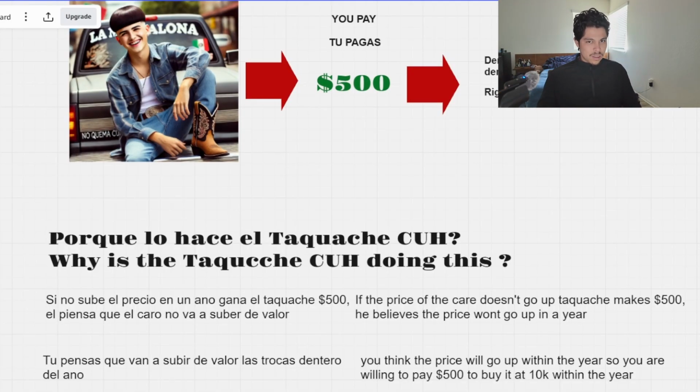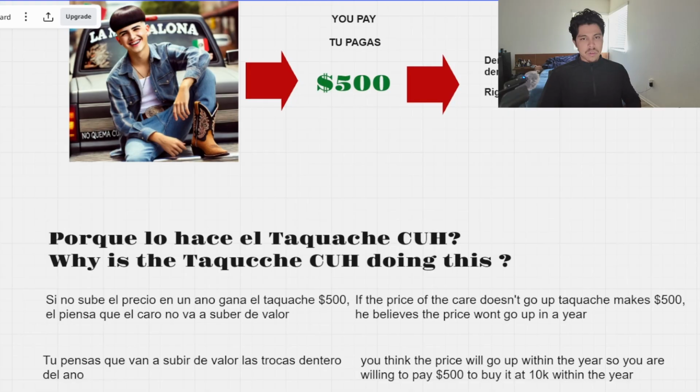Well, so why is Taquachica doing this? So, if the price of the car doesn't go up, the Taquachica makes $500 because a Silverado is a car and it depreciates over time. So, in a year's time, that Silverado will be worth $9,000 and not $10,000. And your dad is not going to buy the car for $10,000. So, he's never going to exercise the right to buy the truck at $10,000.